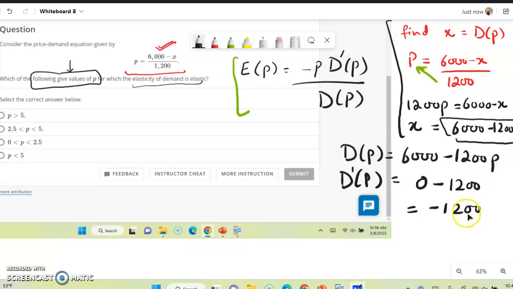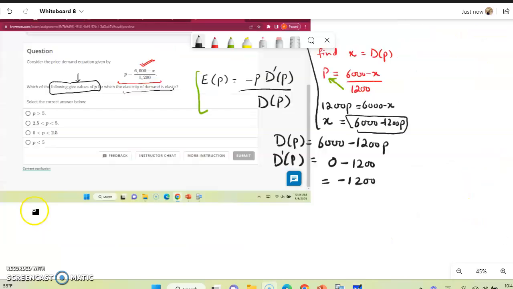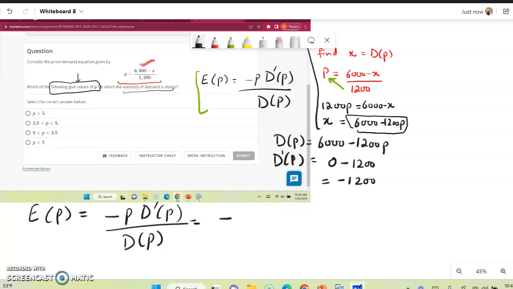So using all that, I can now find my elasticity function E of P. That would be negative P times d dash P divided by d of P. We have everything. Negative P is written as is. D dash P is negative 1200, divided by d of P, which is 6000 minus 1200p.